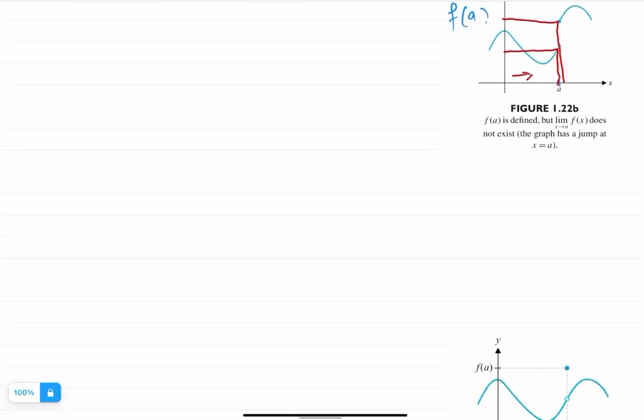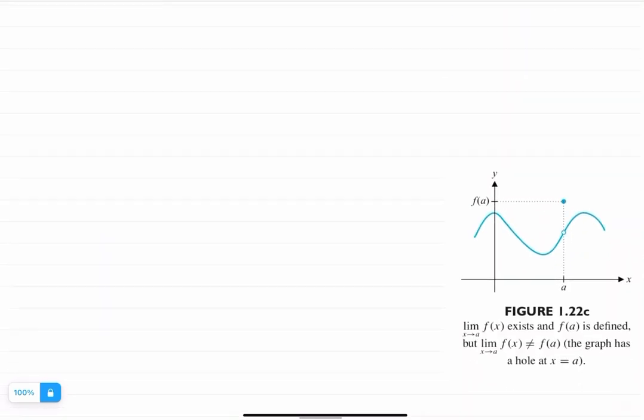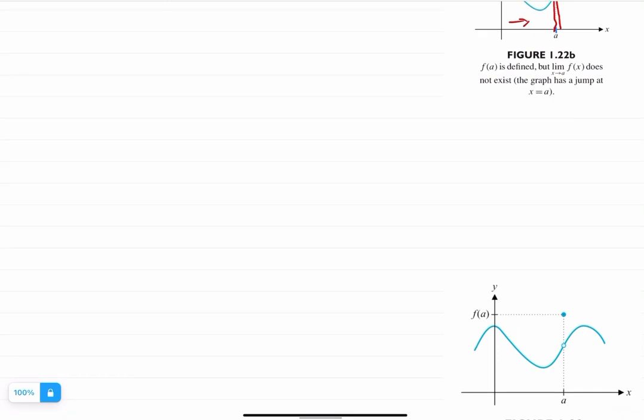Let's take the third graph. We have to check if this is a continuous function or not. First, we will take the first condition, that is if f of a is defined. That means corresponding to x equal to a, is there any y value? We can see that yes, corresponding to x equal to a, we do have a y value.